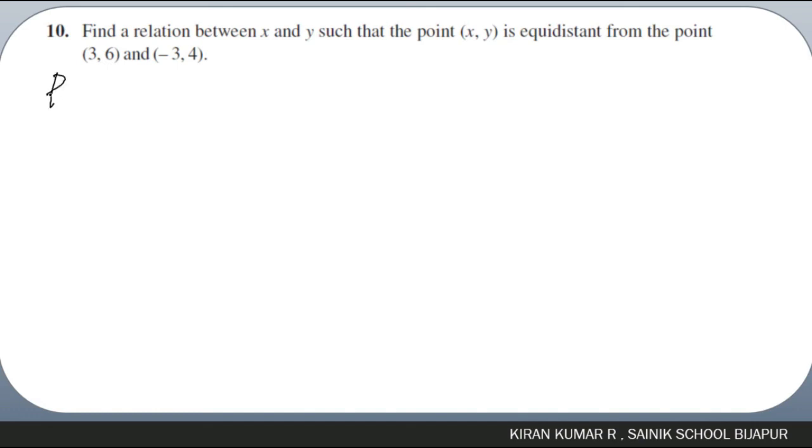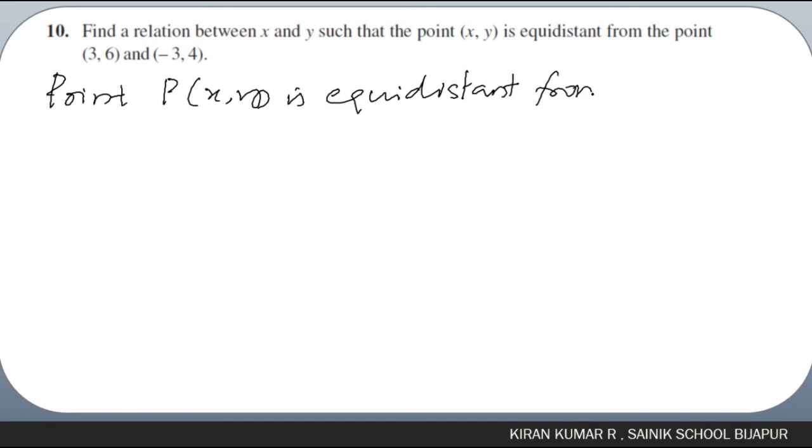Let me consider the point to be P. (x, y) is equidistant from, I'll name the points A and B. So (3, 6) is point A and (-3, 4) is point B. Since it is equidistant, I can say that PA is equal to PB.